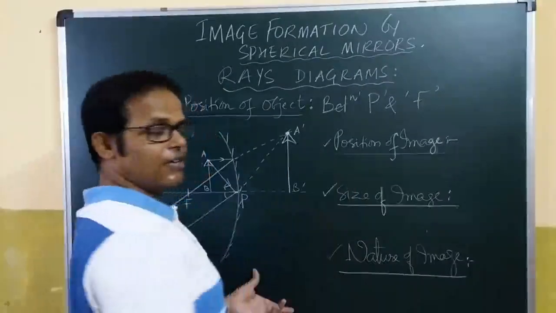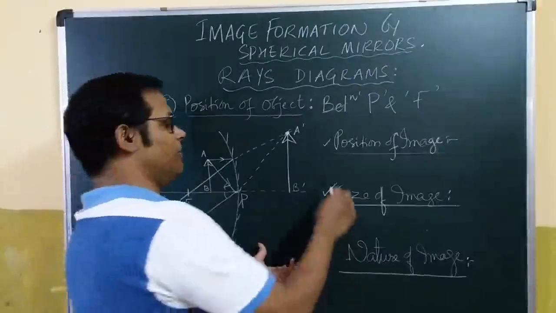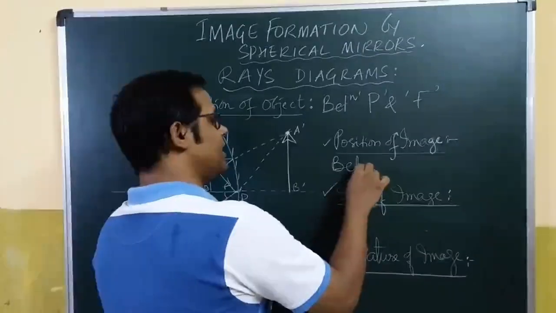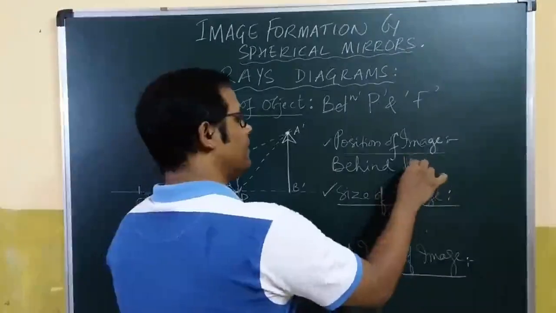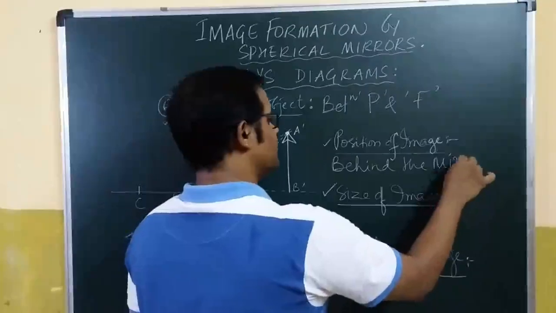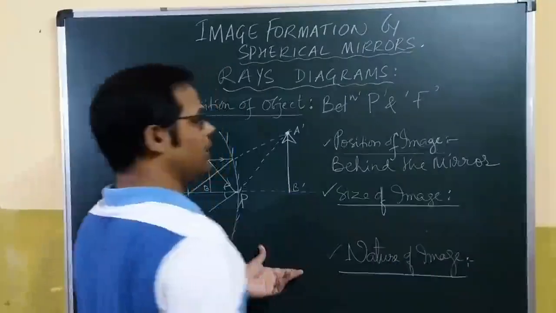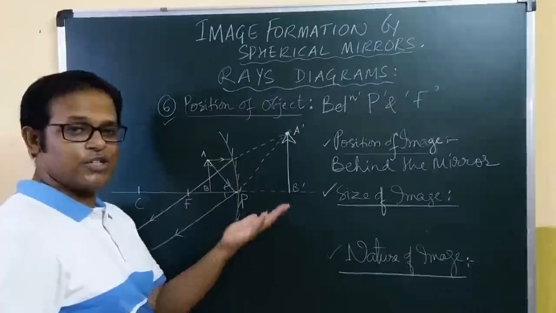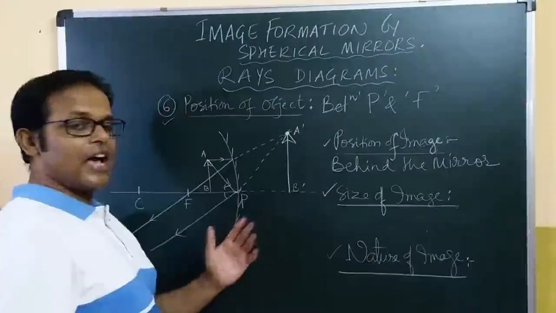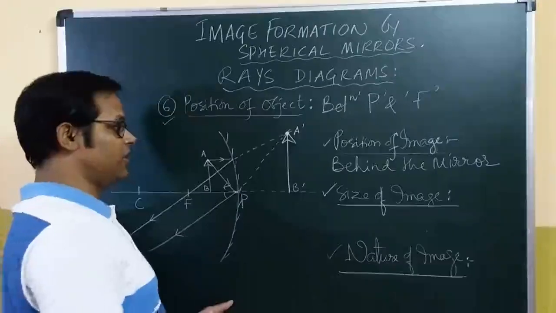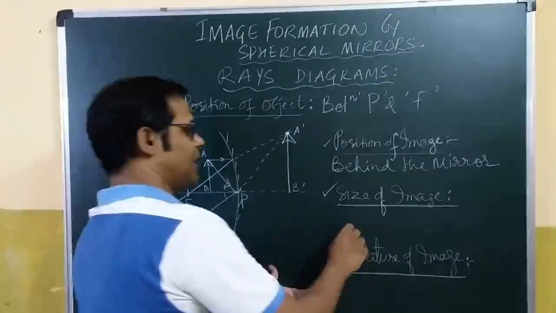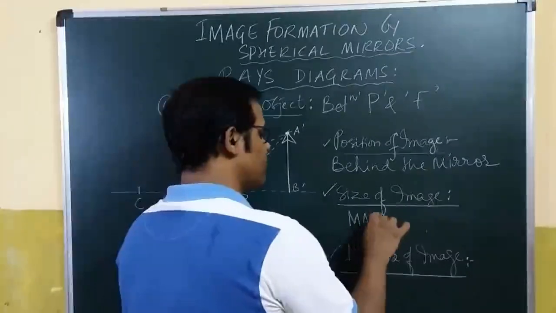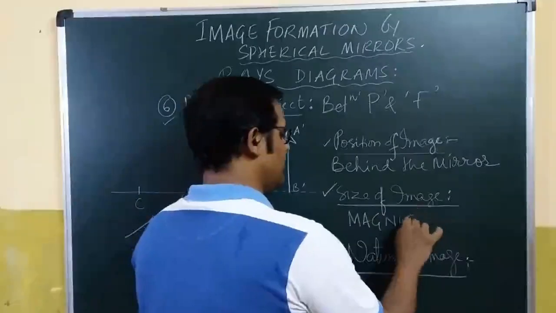So here I will write the position of the image: it seems like forming behind the mirror. Yes, it looks like that. It gives you an illusion just like a plane mirror. Size of the image is definitely magnified. My dear students, please focus on these characteristics of the image.